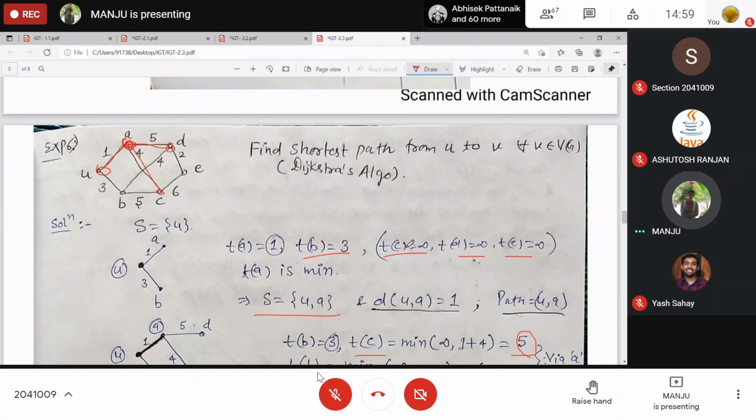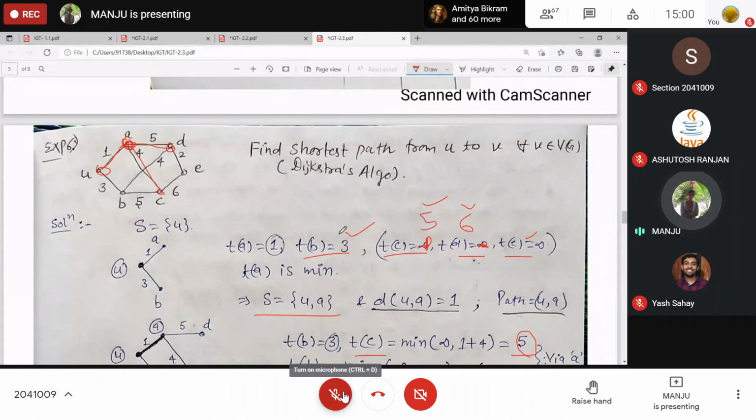So TD now it is not infinite via A, it is your 6. Now minimum of 3, 5, 6 and TE, that is U to E. U to E is, we don't have any edge direct, and A to E also no edge, so it will be remaining as infinite.